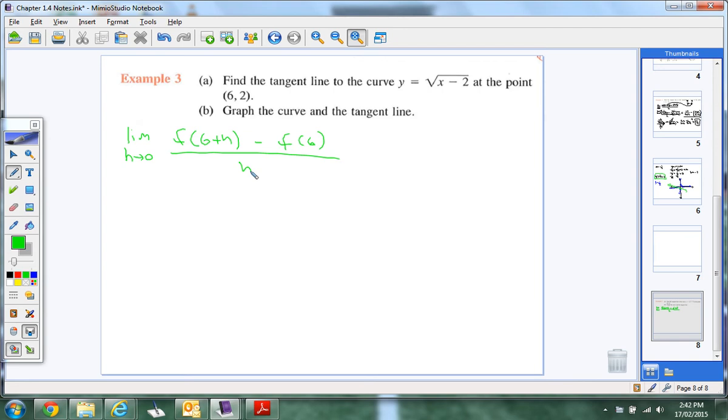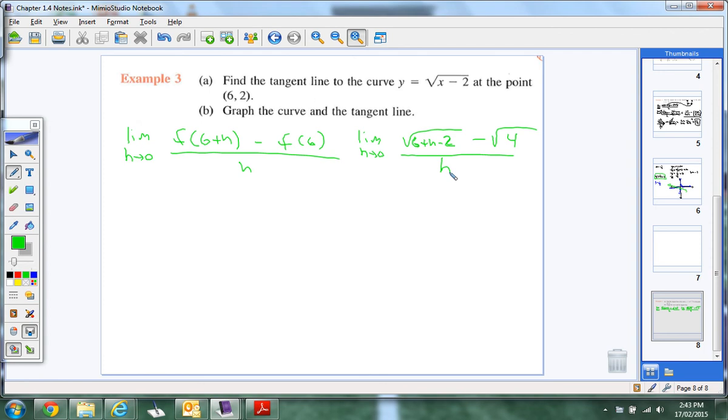So that's going to give me limit h approaches 0 of the square root of 6 plus h minus 2. Okay, that's the top. And we have the other piece of it, minus square root of 6 minus 2, which is 4, all over h.